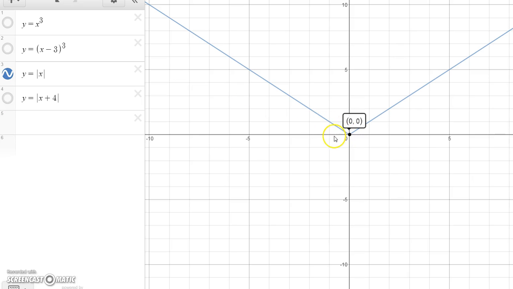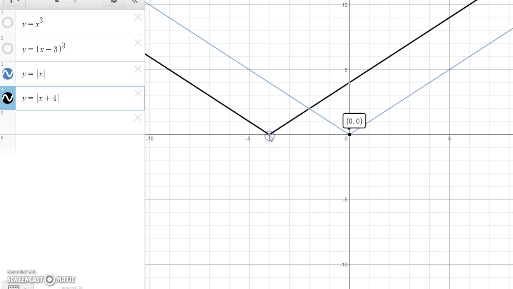Then this point's going to move 1, 2, 3, 4 to here. And then this point's going to move 1, 2, 3, 4 to here. And so now I don't know exactly where I was. I think I was here, and then you're going to come down here, and then you're going to go up through there, I believe. But anyway, the black graph is the new one. So that's the new graph.